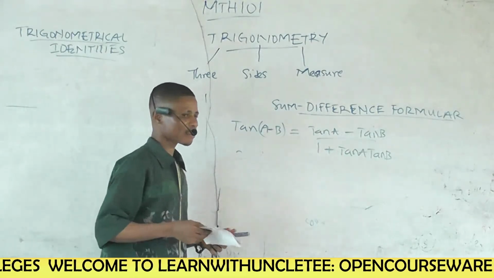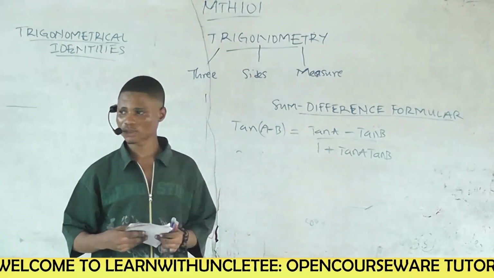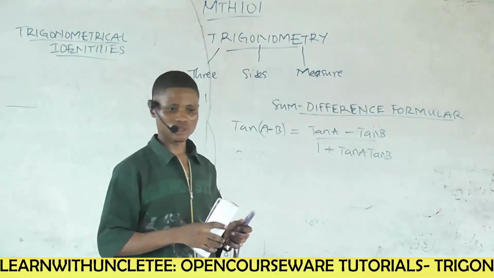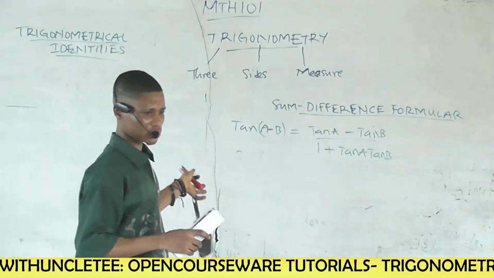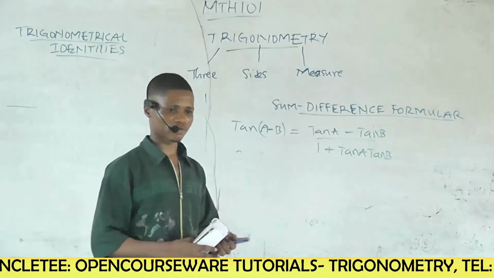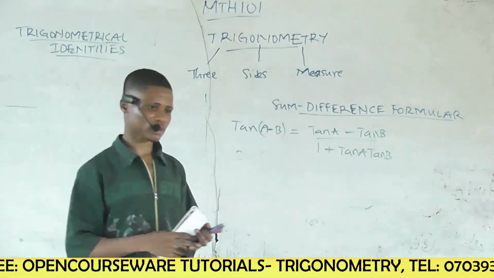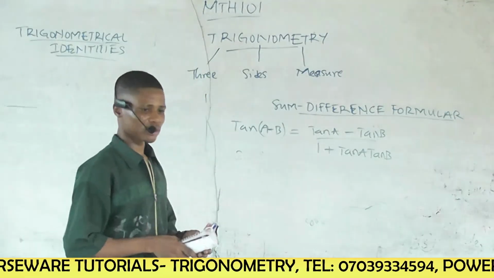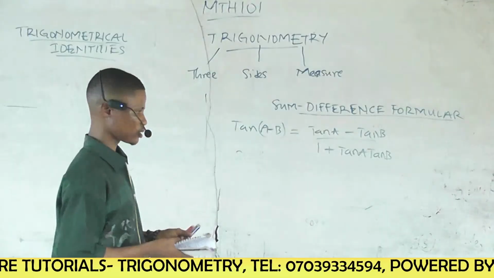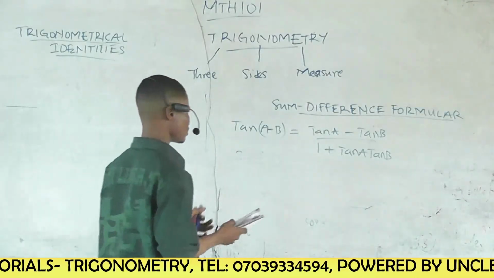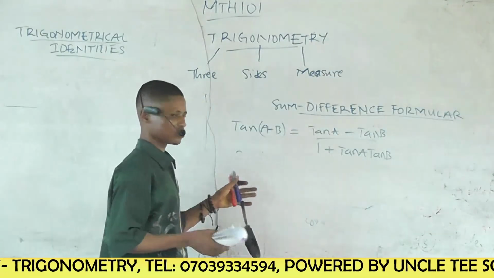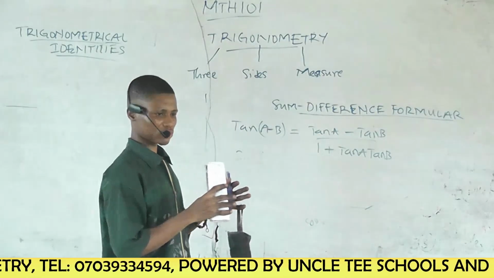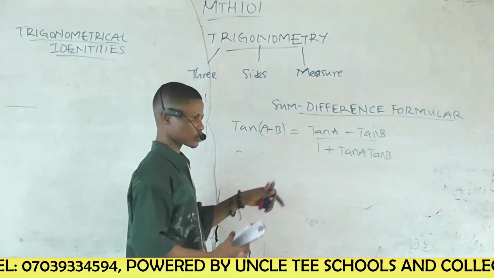Now, what I'm going to say is that for mathematics students, you are going to need this proof and you must know it offhand and you must be able to prove it. But for other departments that will not do mathematics for a longer time, you may just know what it equals to.